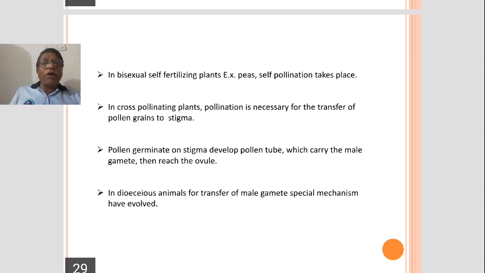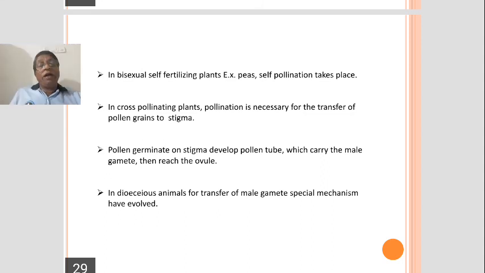What about in cross-pollinating plants? In cross-pollinating plants, pollination is necessary for the transfer of pollen grains to the stigma. Okay. When pollination takes place, the pollen grains are deposited on the stigmatic surface.